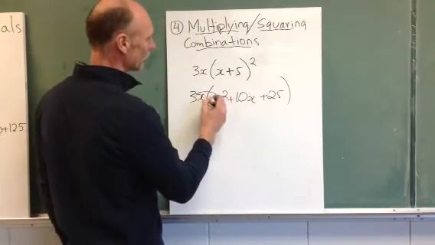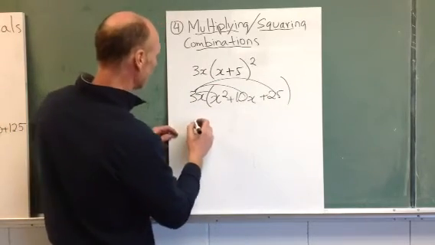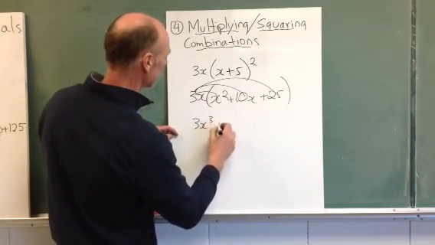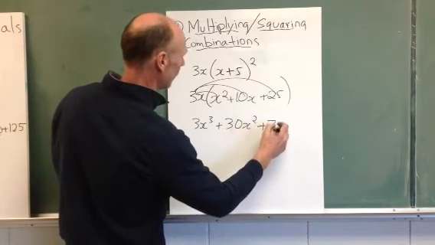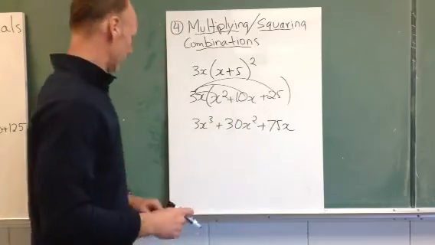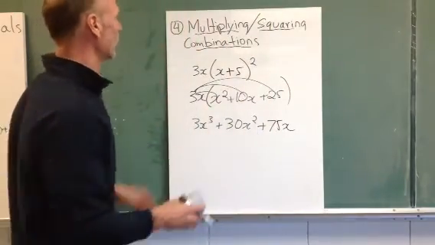Now I can go ahead and distribute and get my trinomial. So that'll be 3x cubes plus 30x squareds plus 75x's. Done. Okay? And there's really a limitless number of things that we could do here.